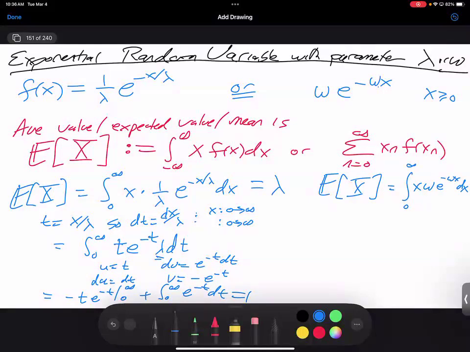Can anybody do that integral quickly in their head? Does everybody agree that the first integral is lambda? Yes.